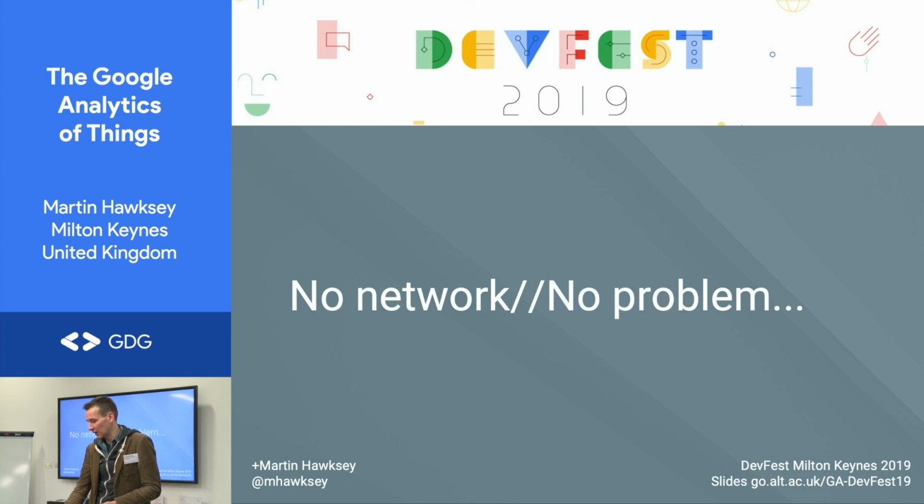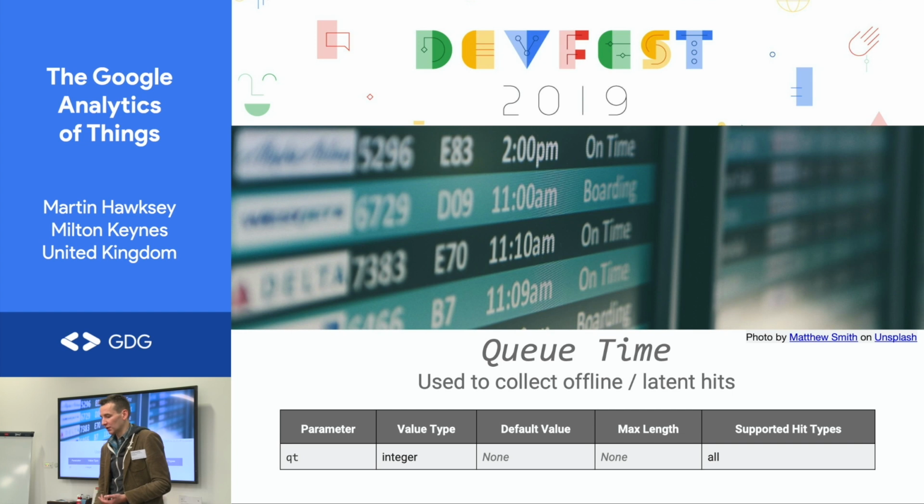Another interesting thing about the measurement protocol is you can actually provide a queue time. If you're collecting data when a device is offline, when that device comes back online, you can send your data into Google Analytics. Providing a queue time basically offsets the data.